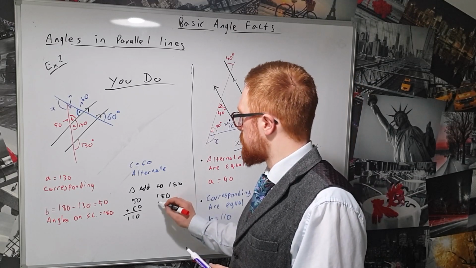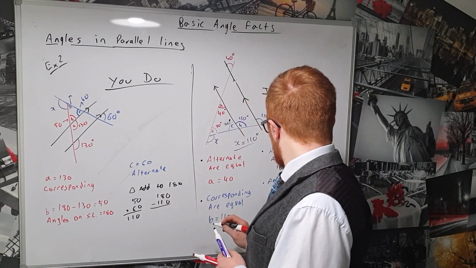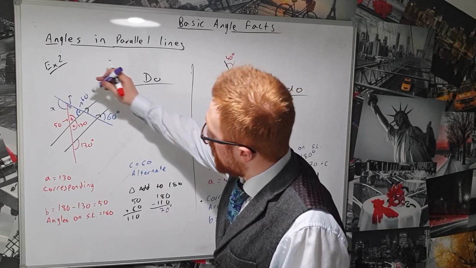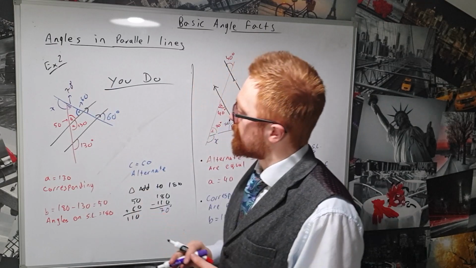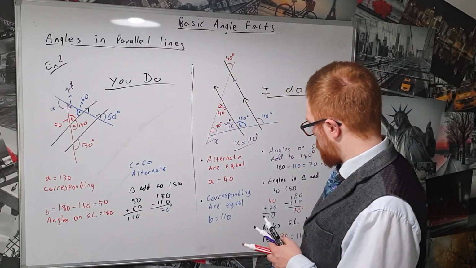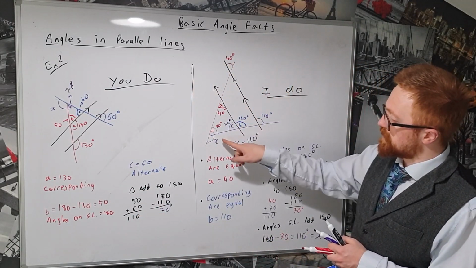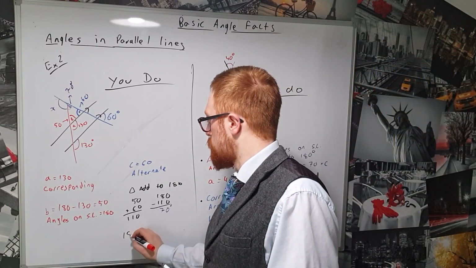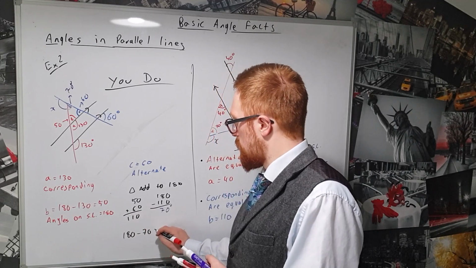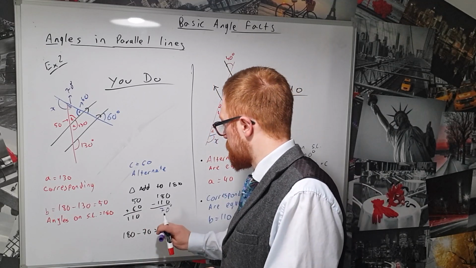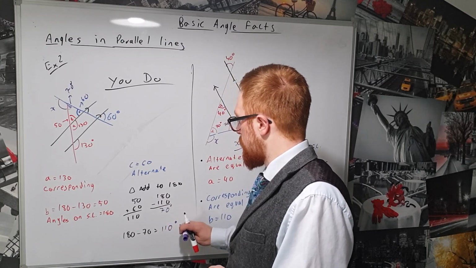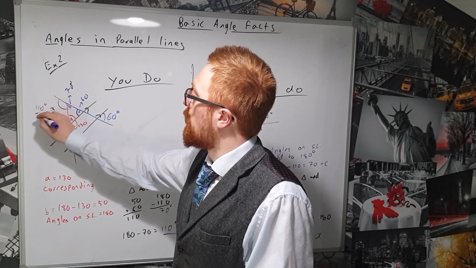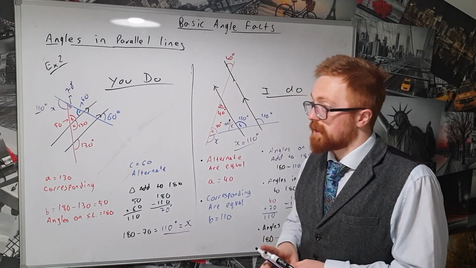And then I do 180 minus 110, which is going to give me 70 degrees for D. And then I think we're probably going to get the same answers over here because this one was 72. So angles on a straight line, our final step, we do 180 take away 70 is equal to 110 degrees for x. So if you got that x is 110 and you've got all these reasons written down, then well done.